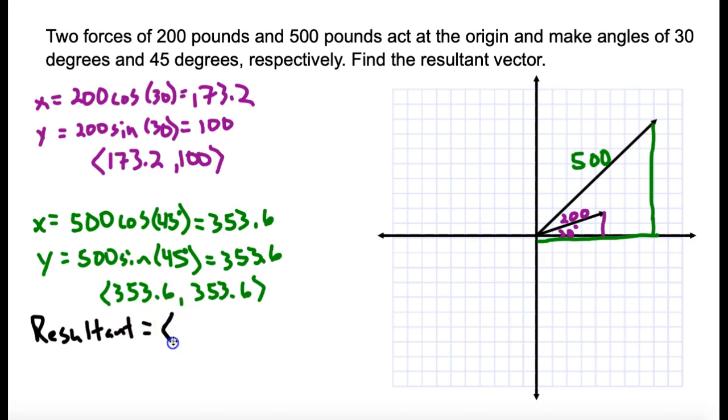All right, so adding 173.2 plus 353.6 gets me 526.8. And then adding those two together would just be 453.6.